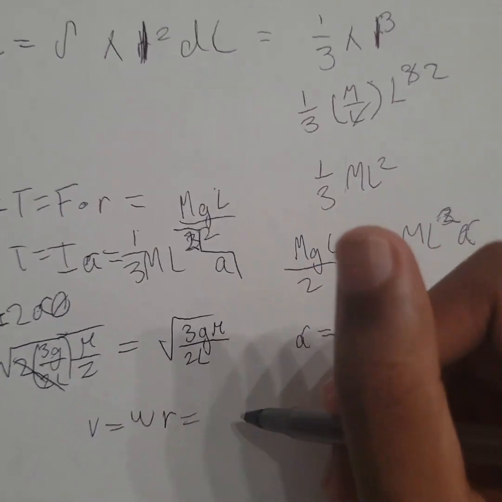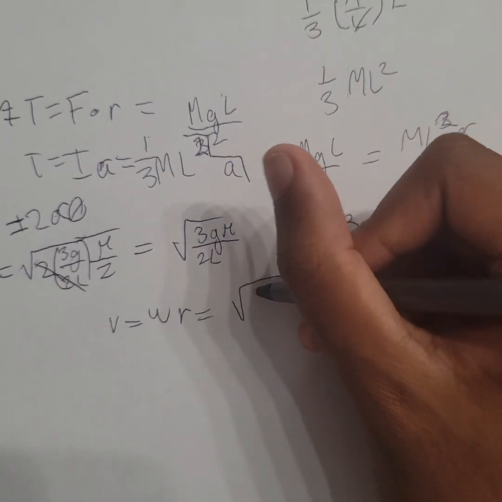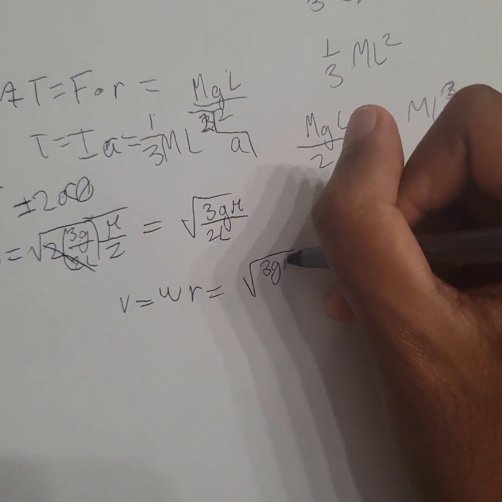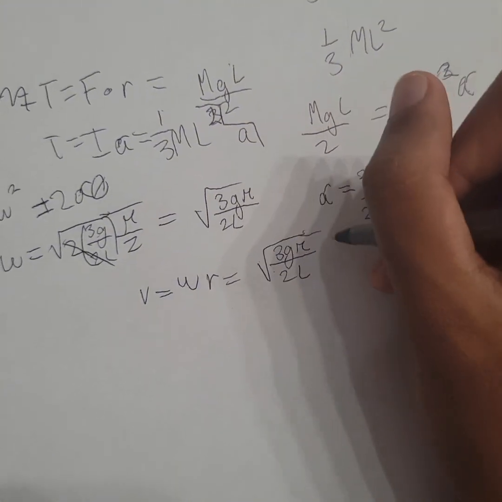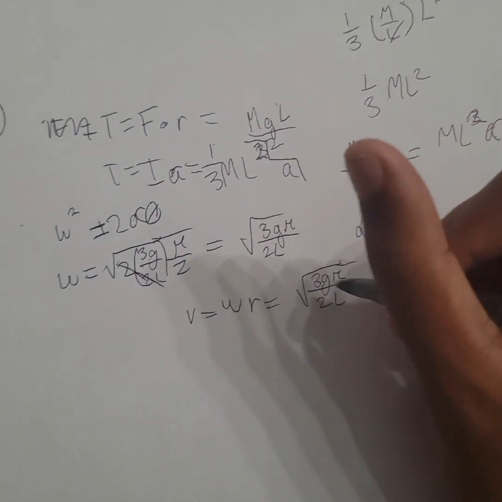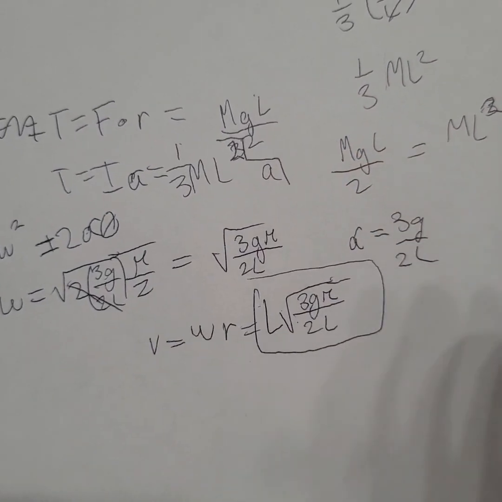Well, you actually don't have to factor anything. You can just leave it like this. So you put in omega, and you get the square root of 3g pi over 2L. And then you can replace the r with an L, so it would be looking like this. And that will be your final answer.